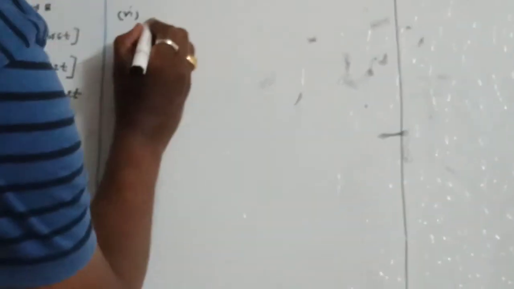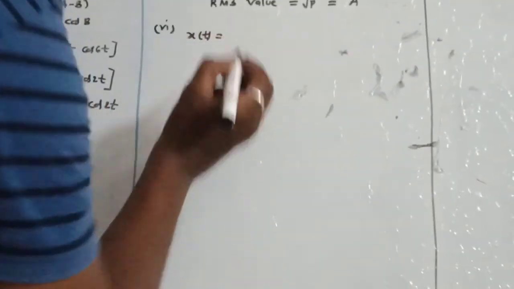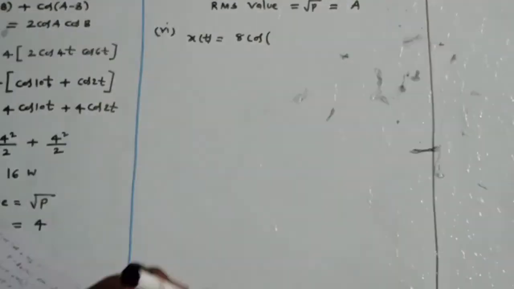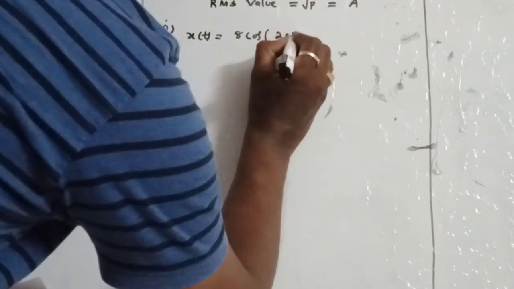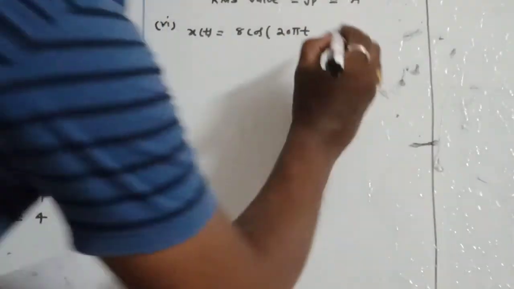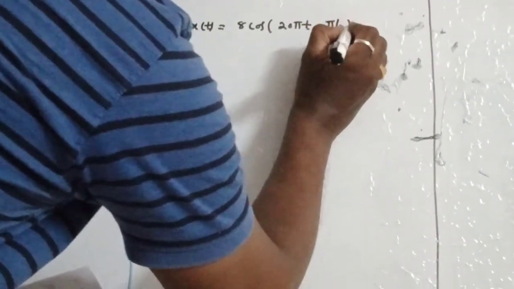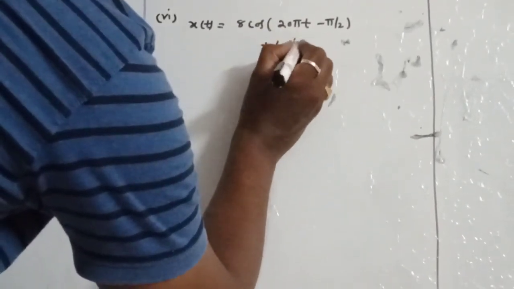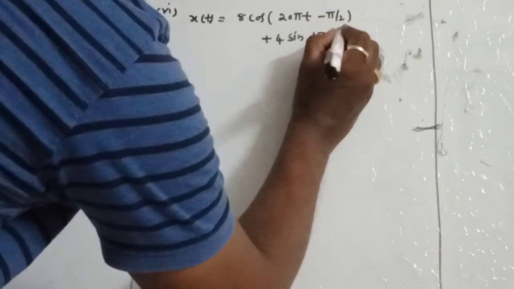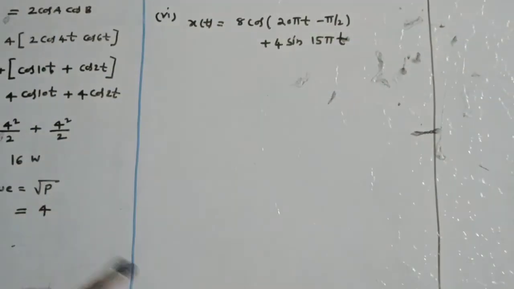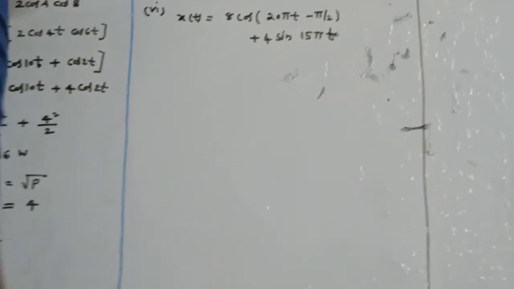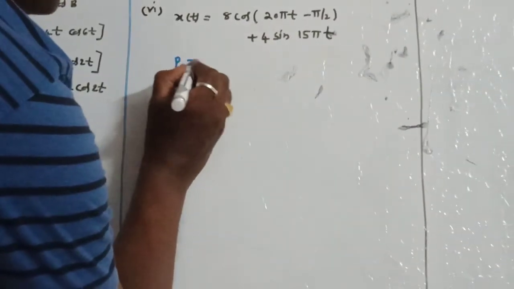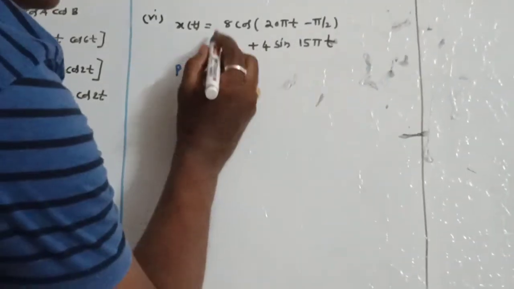Now let us take the next problem, the sixth problem on this model. The given problem is x of t is equal to 8 cos(20 pi t minus pi by 2) plus 4 sin 15 pi t. This is one of the previous GATE problems. It is a straightforward question, because it is not a complex signal, you can straightaway calculate.